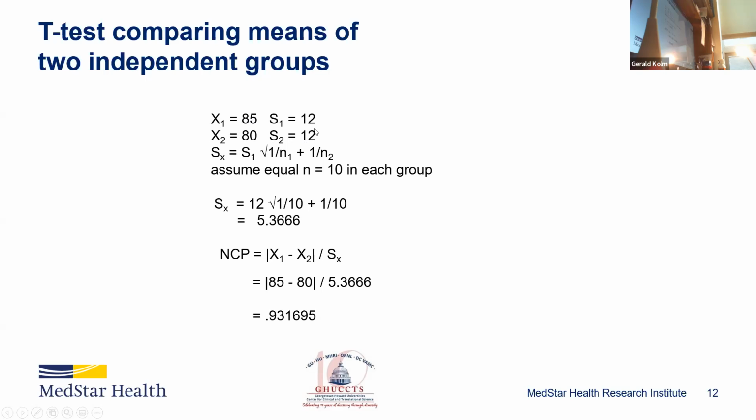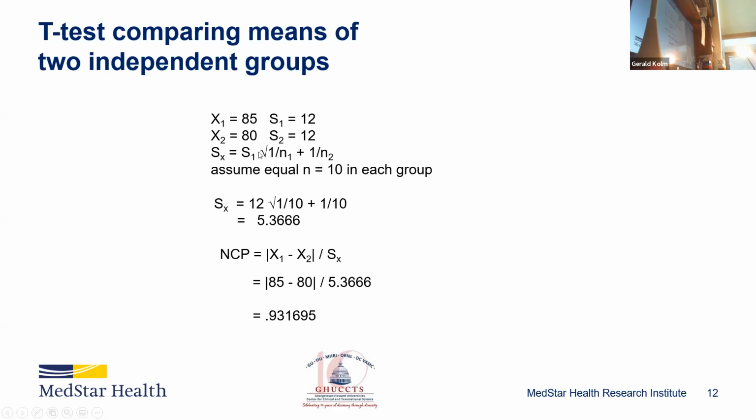S1 and S2 are the standard deviations, and I've made them equal to make it easier to calculate here. So my standard error of the difference is just the standard deviation times the square root of the sum of 1 over the sample sizes. We're going to assume in this case that our sample size is equal to 10.